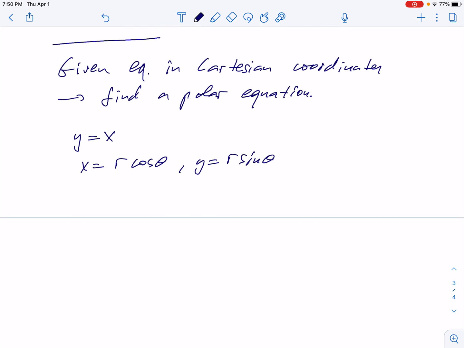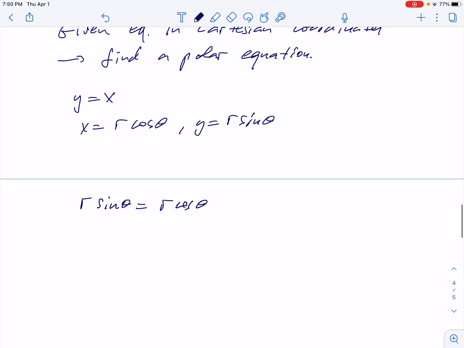So we write r sine theta equals r cosine theta. This is from the Cartesian equation. Reducing by r, we come to sine theta equals cosine theta. And if you divide by cosine, this will give me tangent theta equals 1.